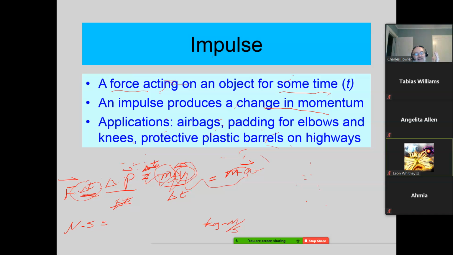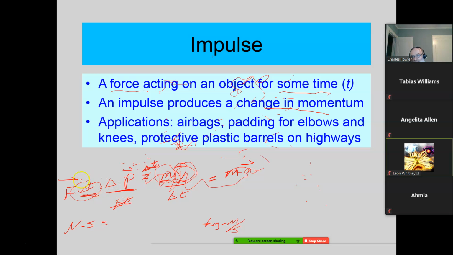Okay? Now, that doesn't seem like a lot, but if you think about it, you had that same change of momentum, that big mass of the car at a high rate of speed going to 0. That's a big change of momentum.